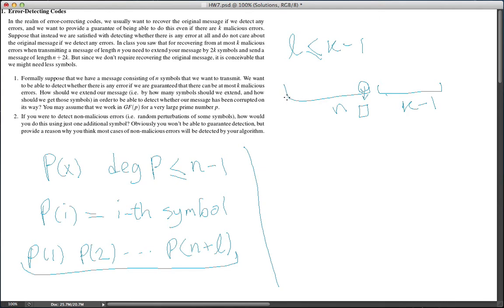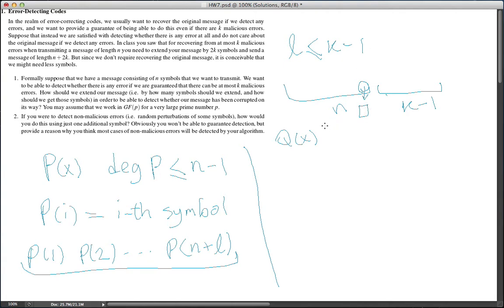and then he is going to figure out the unique polynomial of degree at most n minus 1 that passes through the first new n symbols, meaning that he's going to be able to find the polynomial q of x, which is of degree at most n minus 1, which passes through the first point, the second point, the third point, and so on up to the new nth point, which is the square.